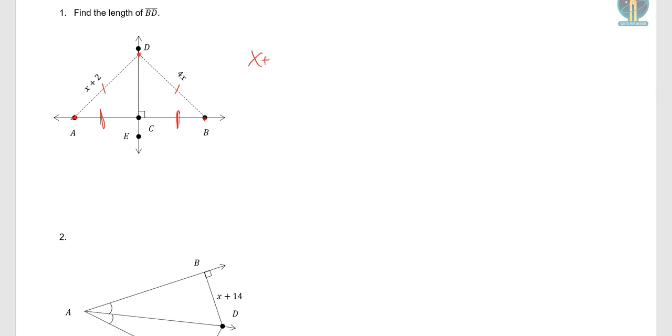So we can just write x plus 2 equals 4x. Minus x on both sides, 4x minus x is 3x, equals 2. x equals 2/3.